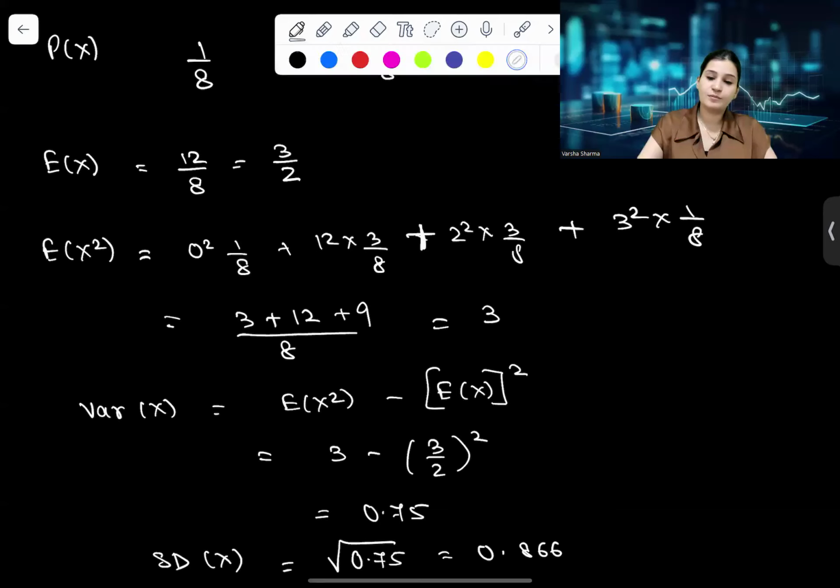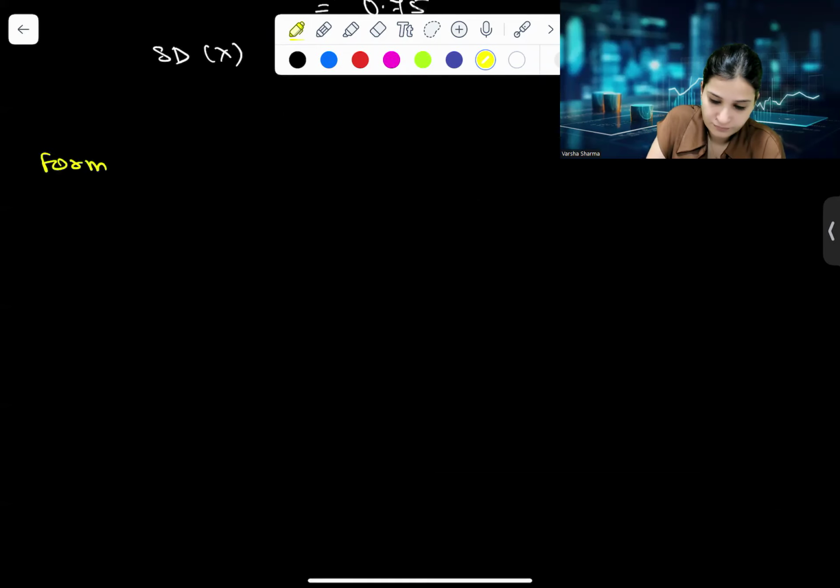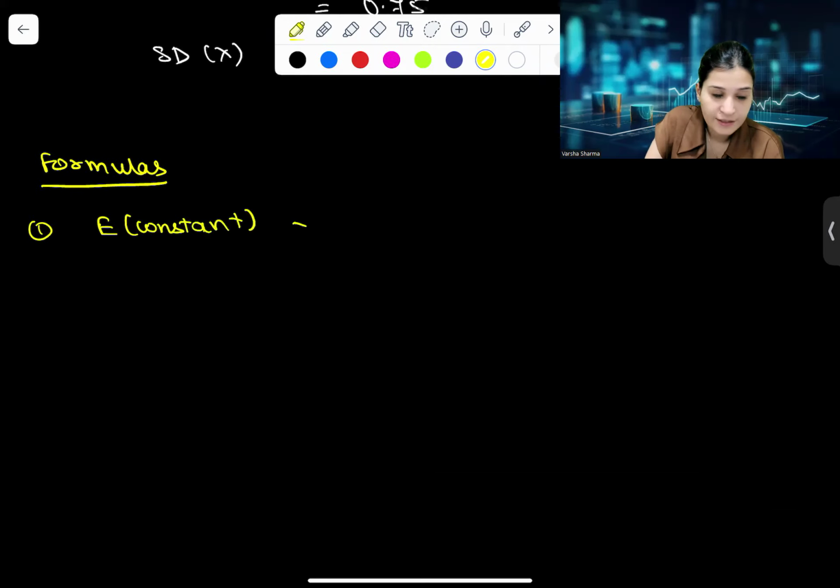Now, there are several formulas of expectation and variance properties. First, expectation of any constant. If there is no X, it will remain the same.